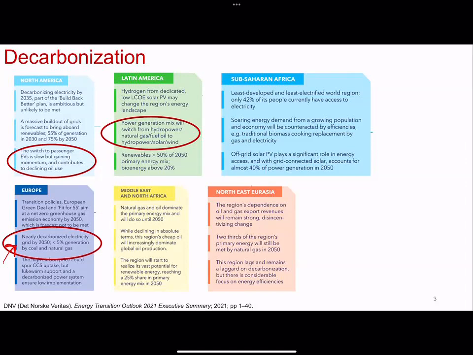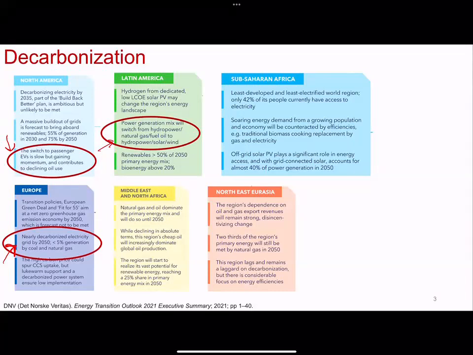So that's happening, and it's happening all over the world, right? It's happening in the US, switching to passenger electric vehicles, and in power generation in Latin America, also moving away from gas and coal fired to some combination of natural gas, fuel oil, hydropower, mixed in with other renewable technology like solar or wind.